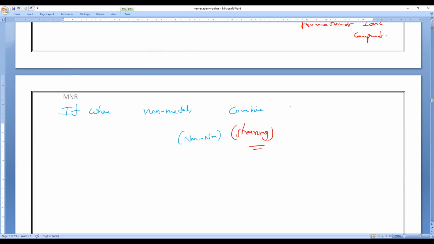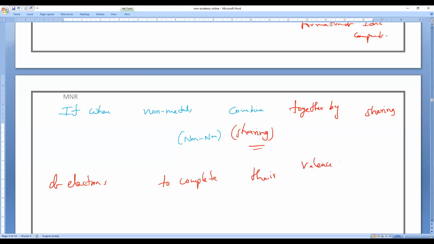That is, non-metals combine together by sharing of electrons to complete their valence shell, that is, to become stable.